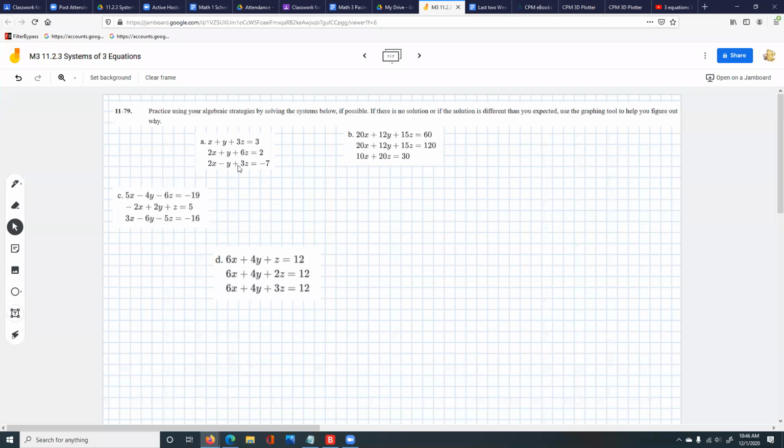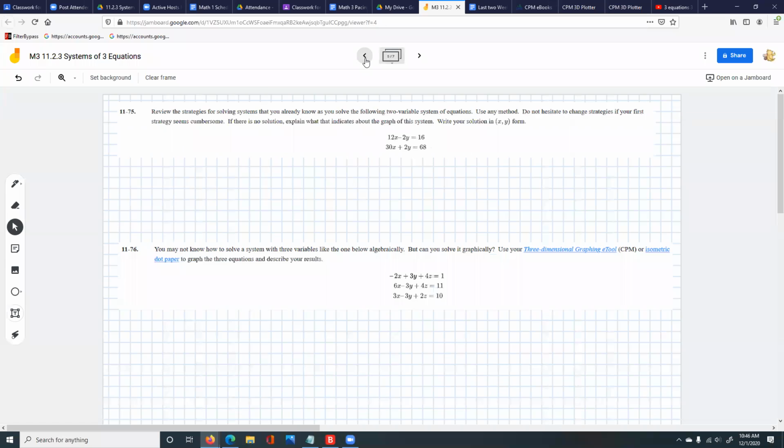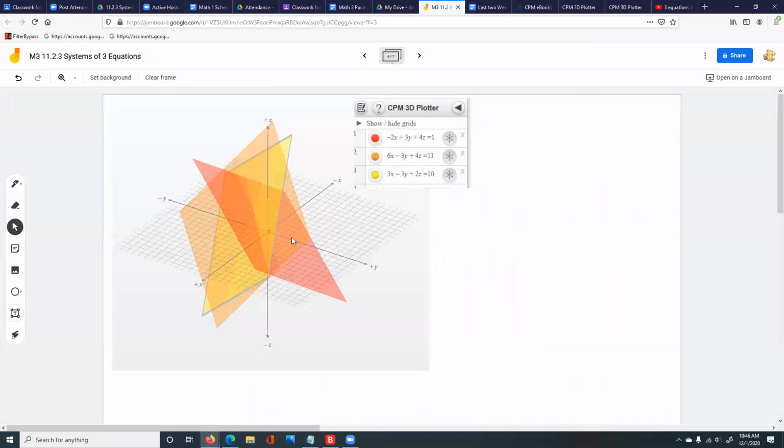Can I also ask a question? Yeah, sure. Do you know what real world application these equations have? Like what they're used for? Well, if you needed to find where 3 planes intersected for some reason, I'm not sure. Maybe you're looking for something in space and you want to see where 3 satellites are orbiting, and are they going to collide somewhere?